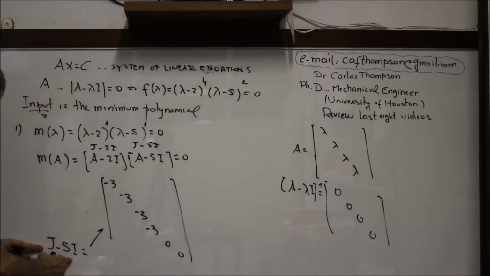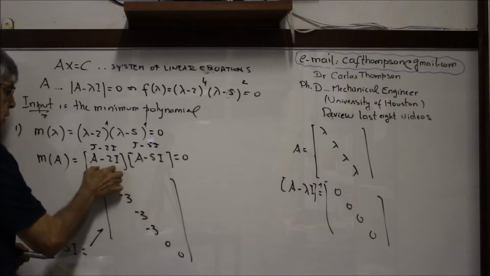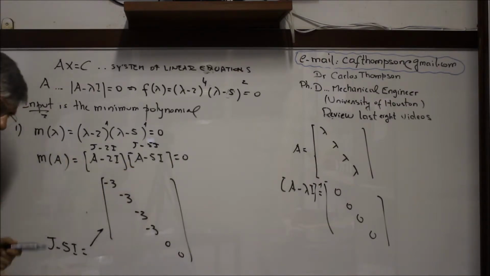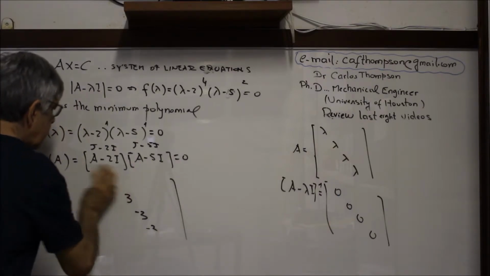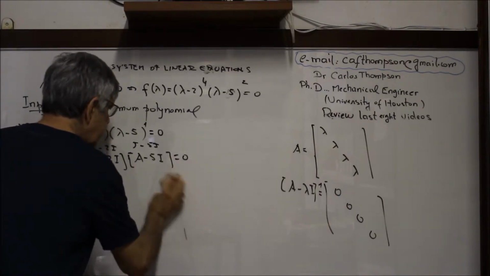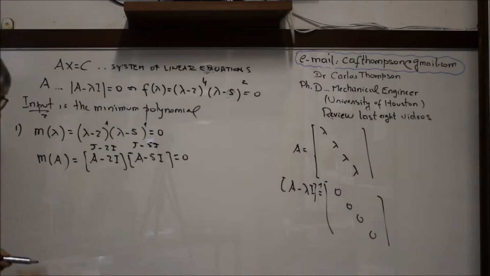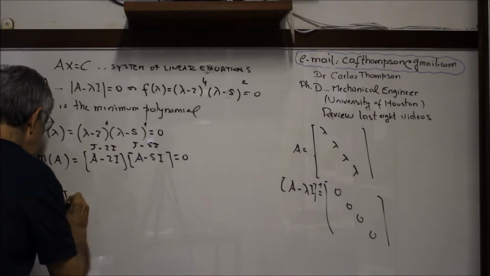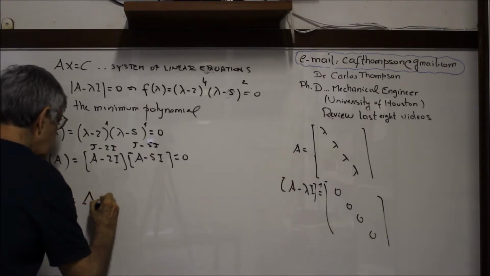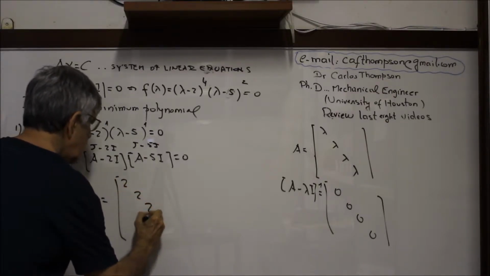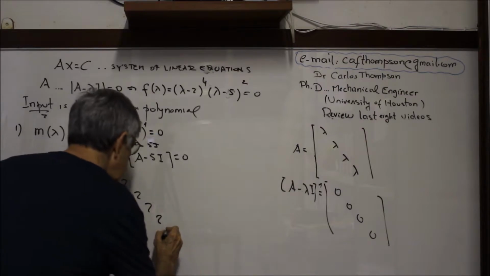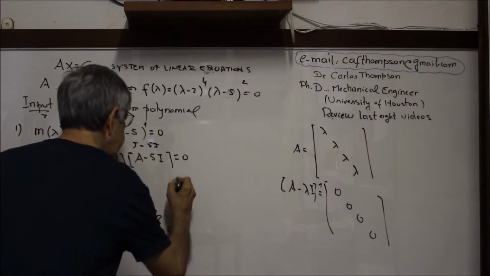So J minus 5I. Now, if this is 0, this is 0, this is 0, what does this mean? This means that my matrix J is equal to my matrix lambda, which is 2, 2, 2, 5, and 5.